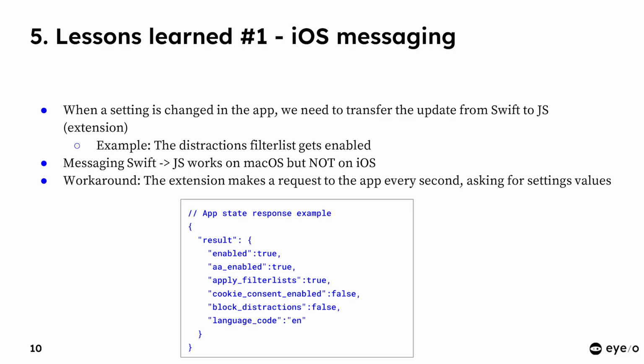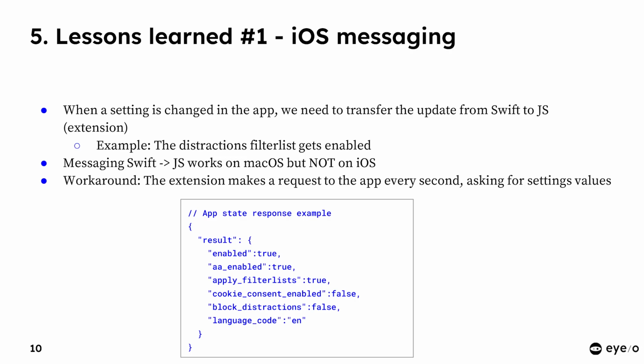about iOS messaging. When a setting is changed in the app, let's say we enable the cookies filter list, for instance, we need to transfer the update from Swift to JavaScript, which is the extension running in Safari, or the instructions filter list. For some reason, messaging from Swift to JavaScript works on macOS, but not on iOS.